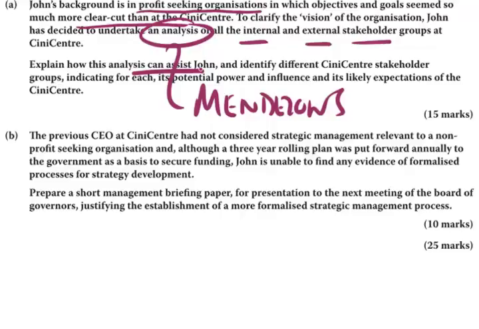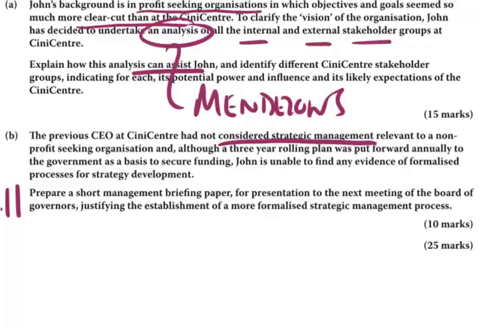Part B is actually very straightforward. Previously, we haven't had any sort of strategic management or strategic planning. We're asked to suggest why strategic planning might be useful to the organization.